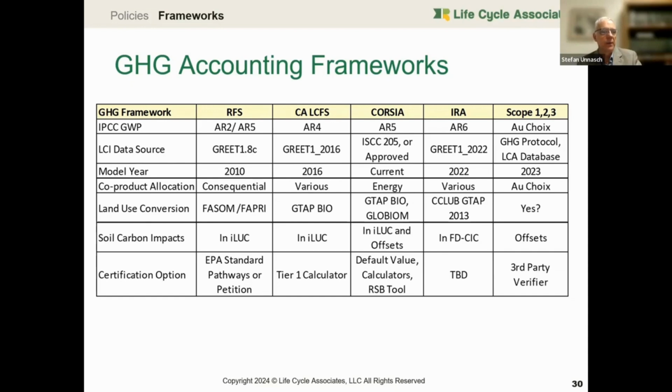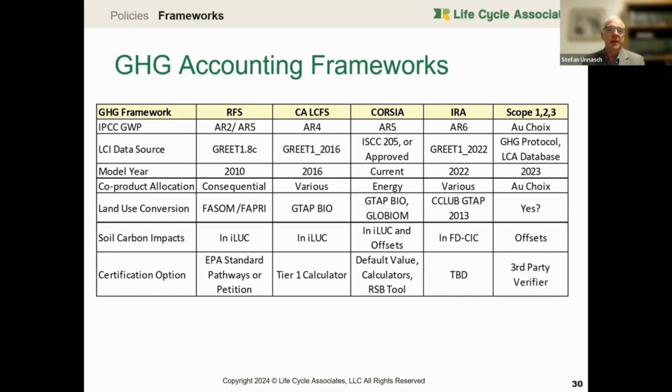And one of the largest alternative fuels in the world is ethanol, and it's a potential feedstock for ethanol to jet. And N2O emissions from farming are an important part of the life cycle. So the global warming potential affects the greenhouse gas calculation somewhat, and you can see that they're different amongst all of these programs.